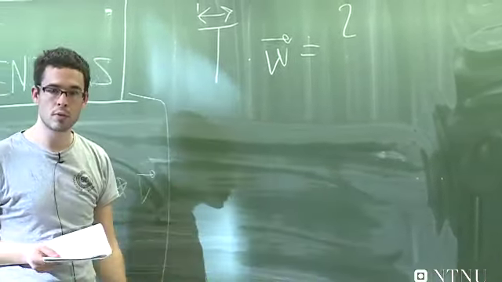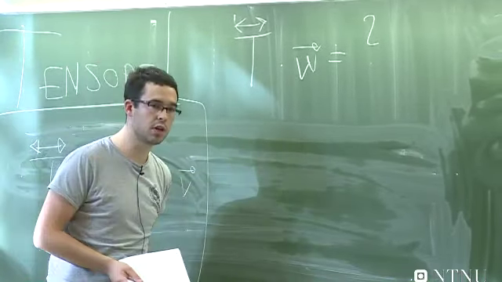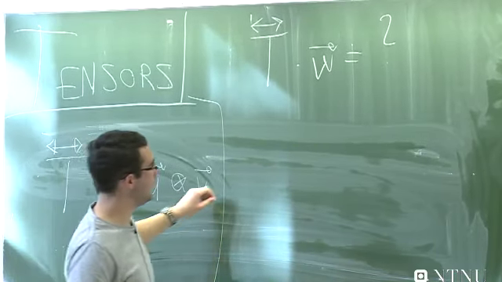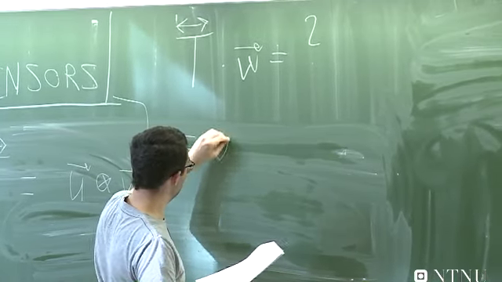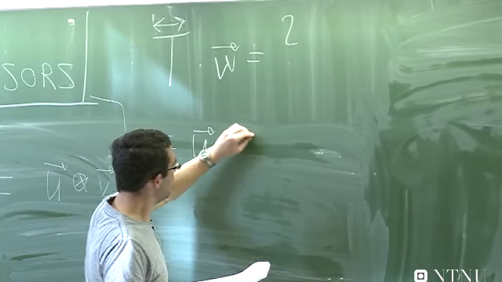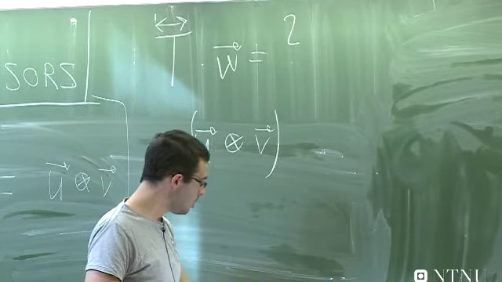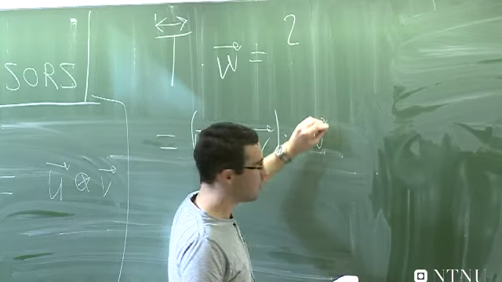So what's this? I can write this out now, because I can just write T as u tensor product v. First of all, it's equal to u v, I just insert for T, and I take the dot product with the vector w.